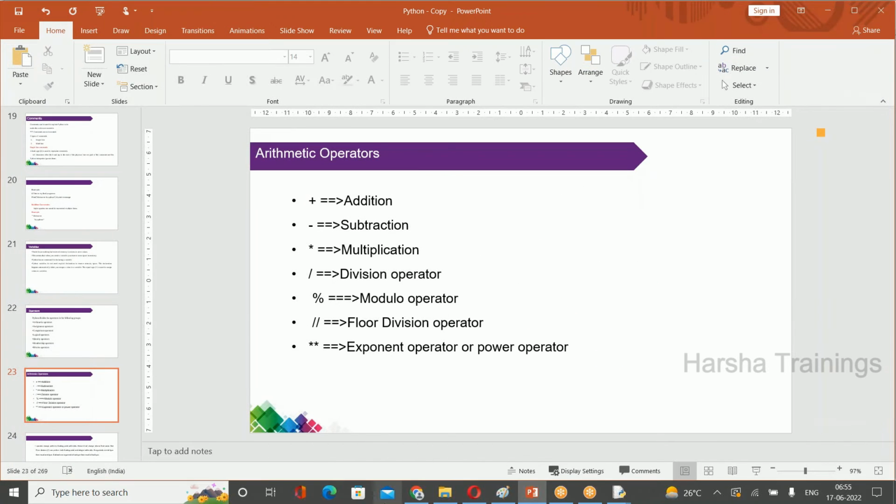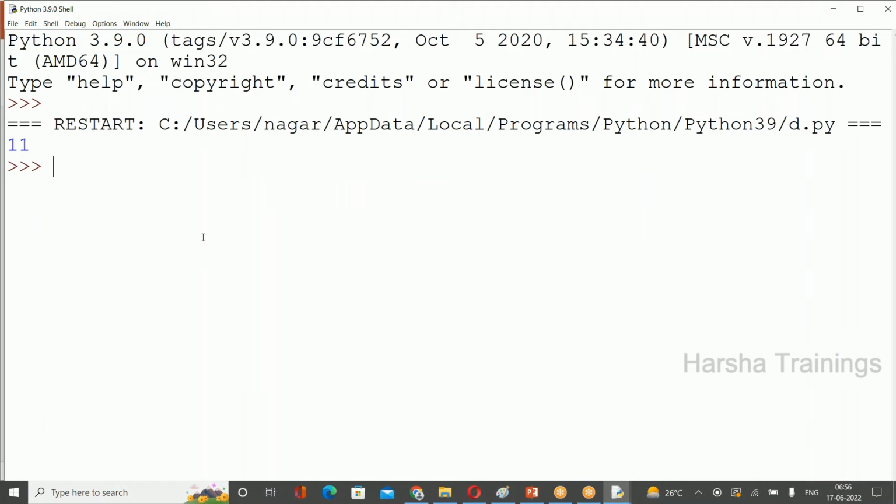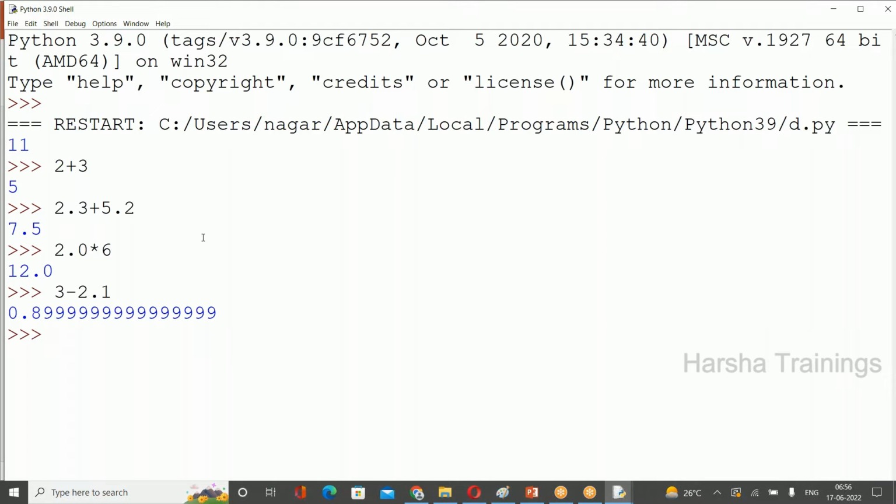I will explain all the operators with execution. For example, first basic operations, 2 plus 3, that is 5. 2.3 plus 5.2, that is 7.5. 2.0 into 6, that is 12.0. 3 minus 2.1, that is 0.9, whatever it is. Coming to division, 5 divided by 2.